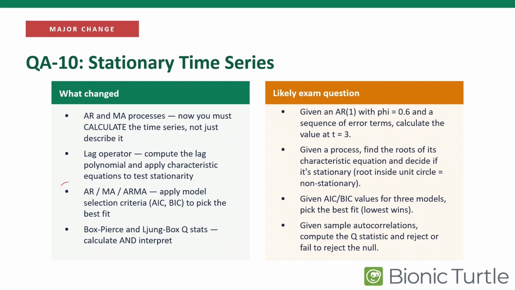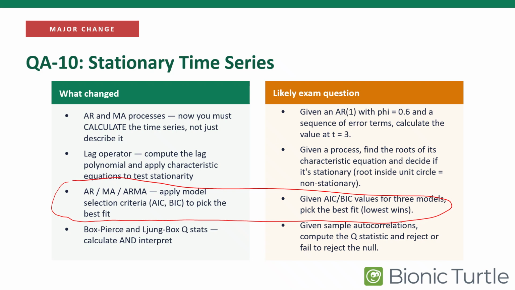The third thing that changed in this section is that they now want you to be able to select models. What this might look like is they might give you a few different models with their AIC and BIC. By AIC, we mean the Akaike information criterion, and BIC is the Bayesian information criterion. And they might ask you to pick the best fit.